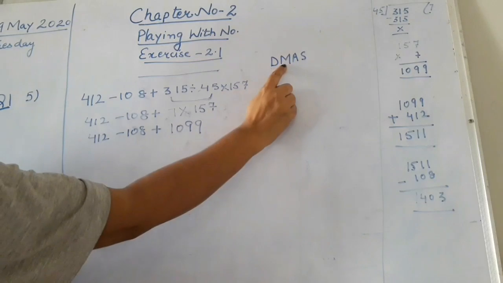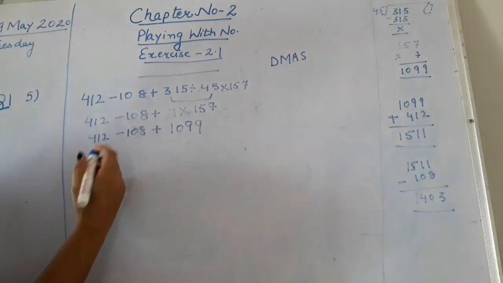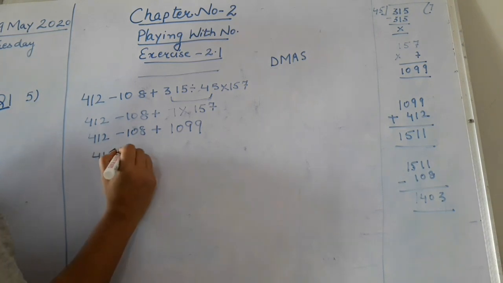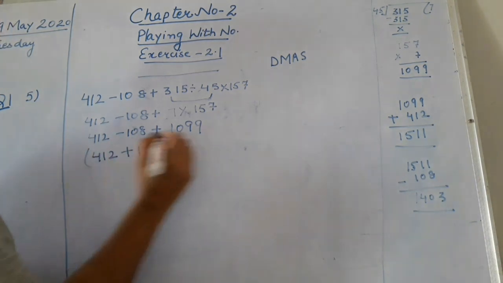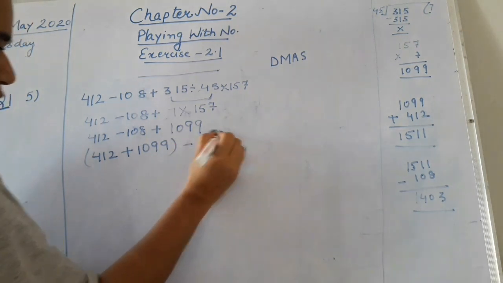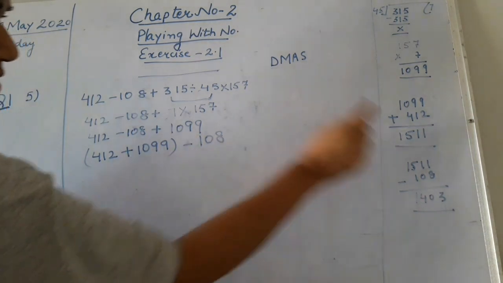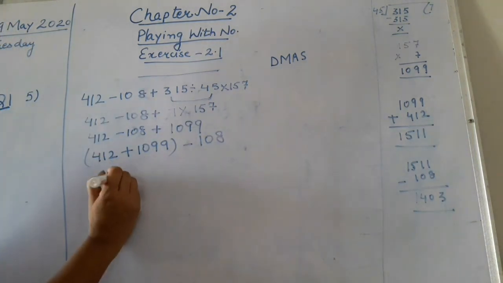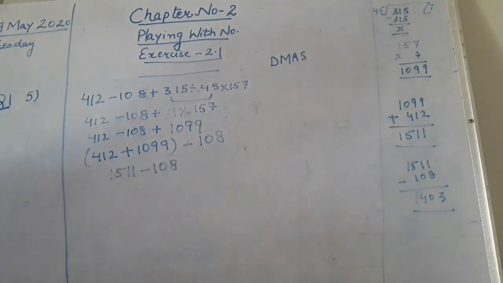Now what next? I will have to do the addition, and in the addition I will keep positive signs in one bracket and negative outside. Clear? Then on adding these two I will get my answer as 1511 minus 108.